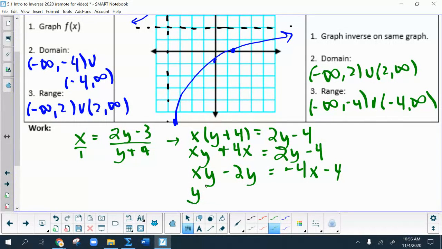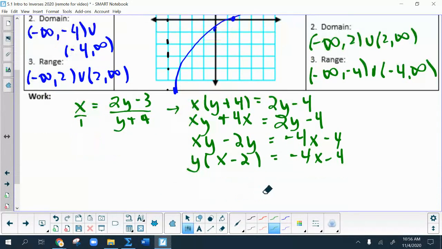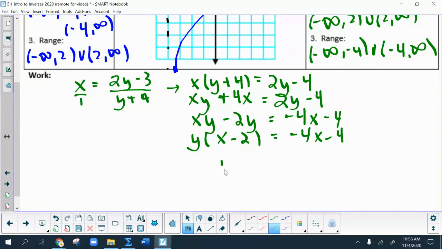Now I'm going to factor out a y. And by factoring out a y, I have one y now in the problem. And so now I can divide by x minus 2 to get y by itself. So my final answer here is negative 4x minus 4 over x minus 2. This is the inverse.